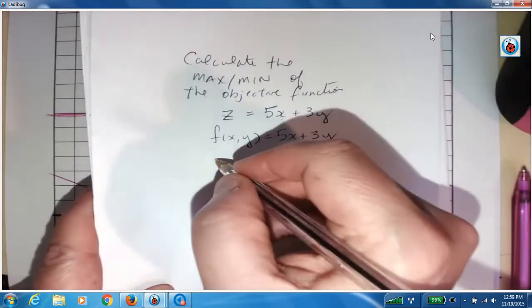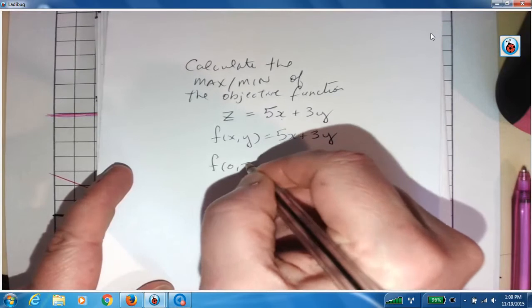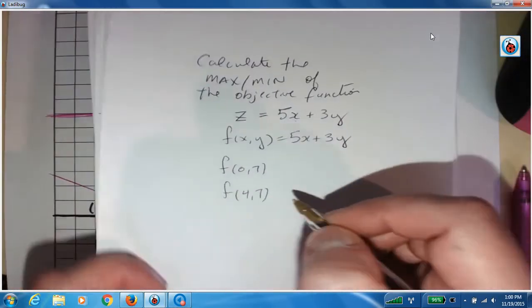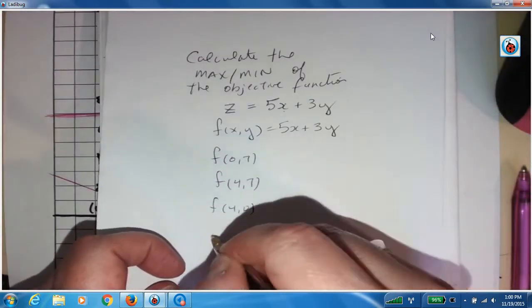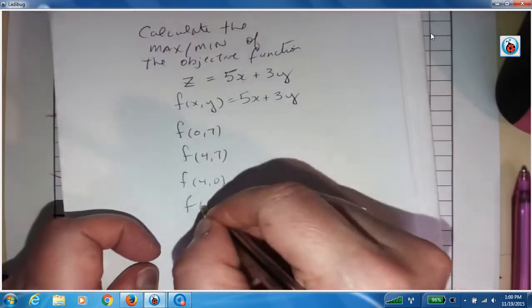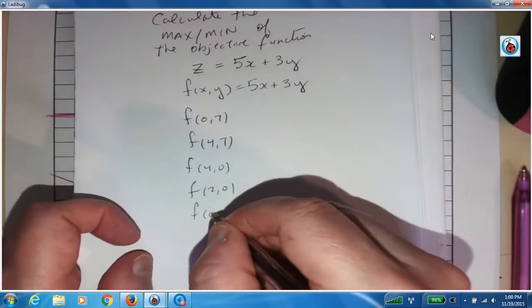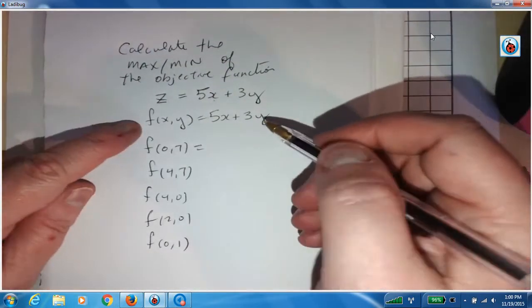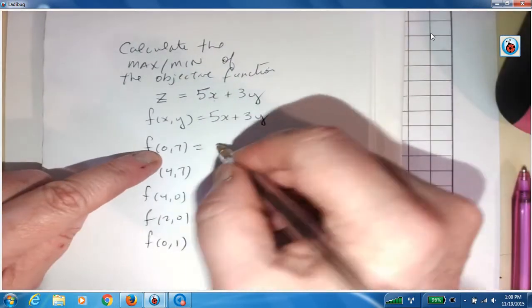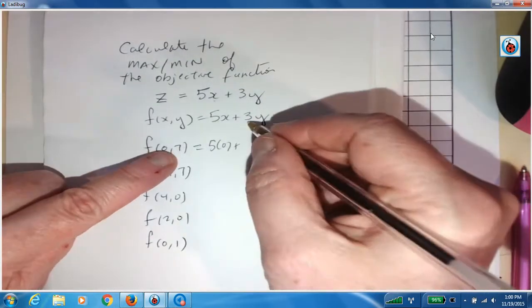So I'm going to need to test this with 0, 7, 4, 7, going clockwise, 4, 0, 2, 0, and 0, 1. Okay. So, plugging this into the formula, I have 5 times 0 plus 3 times y.